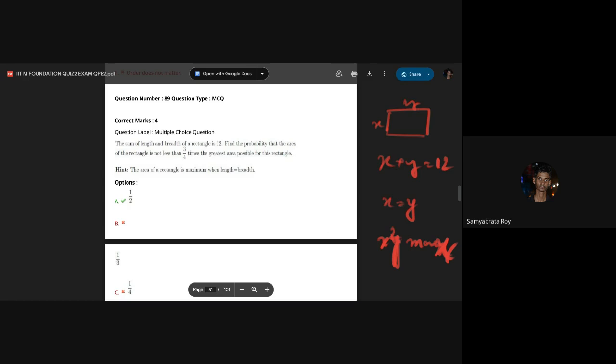Now they have asked that xy is not less than 3/4 of x square. What is the probability, and how can you approach this question?